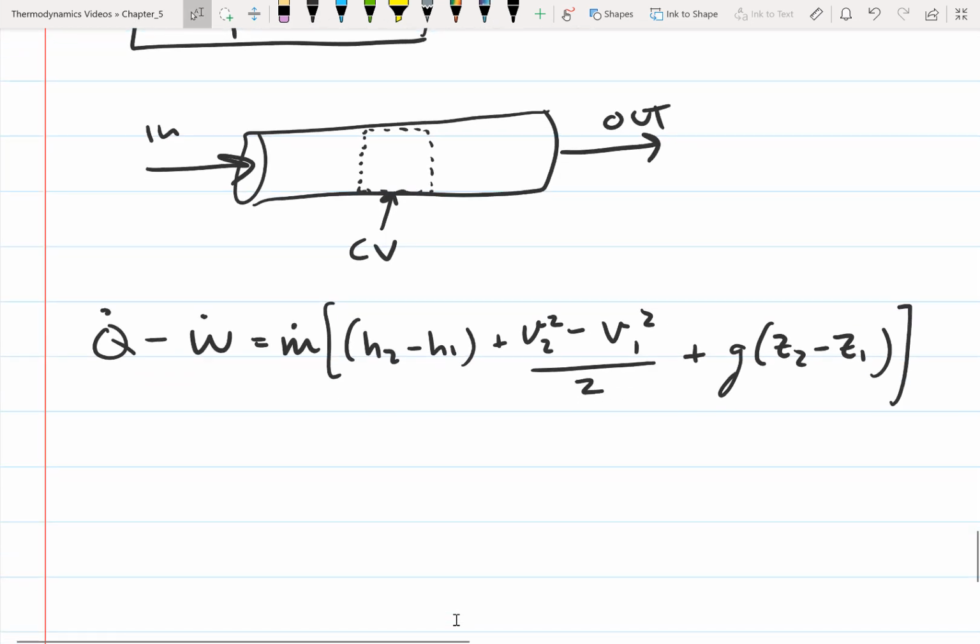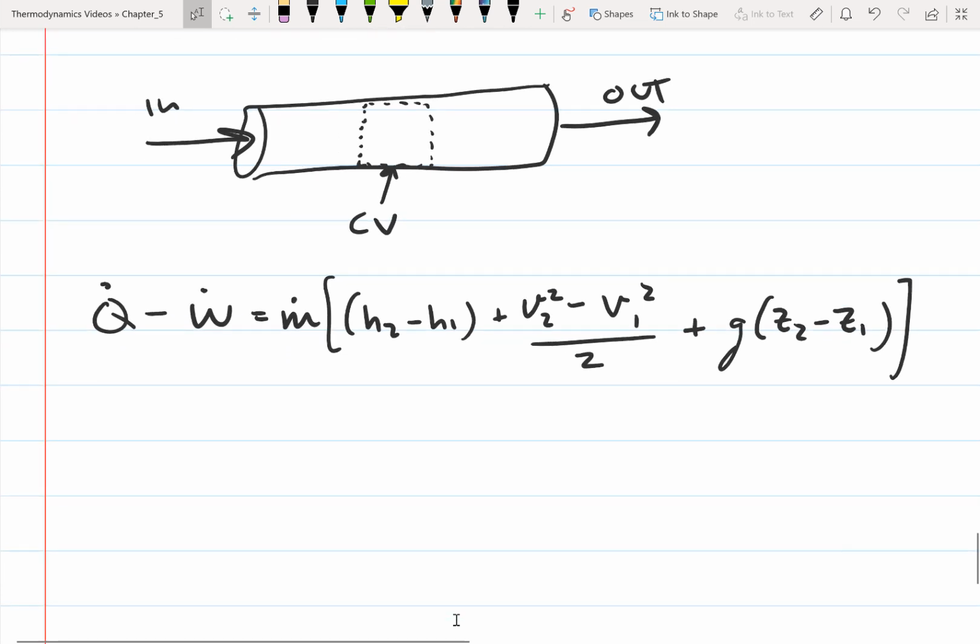And so first of all, the Q, like this heat, often, if you have a really long pipe and it's not insulated, the heat losses can actually be significant along a pipe. So this is going to be significant unless the pipe is well insulated.